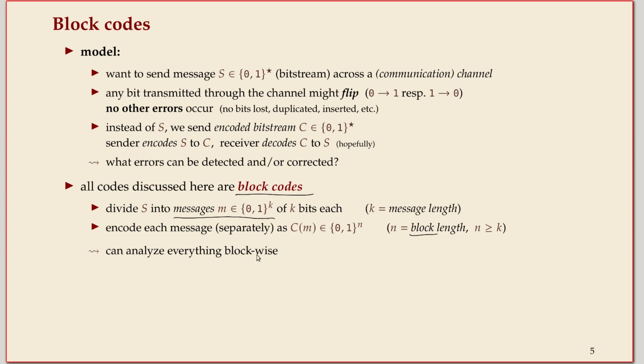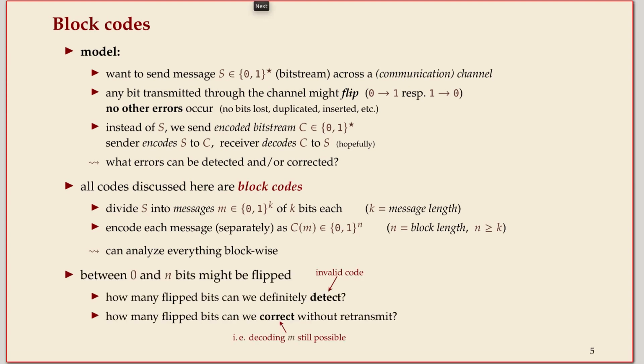Makes life a lot easier because we can just look at each block individually. And the question will be, if I send a single block, how many errors, how much modification from the channel can I tolerate so that I can detect these errors or correct them.